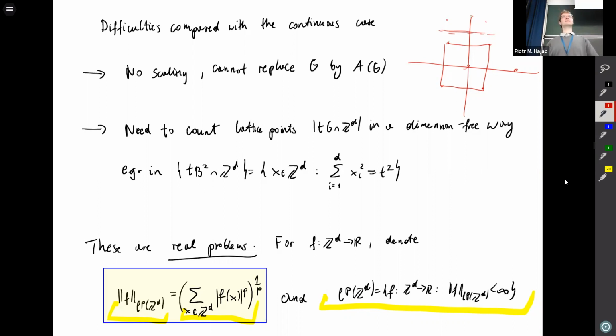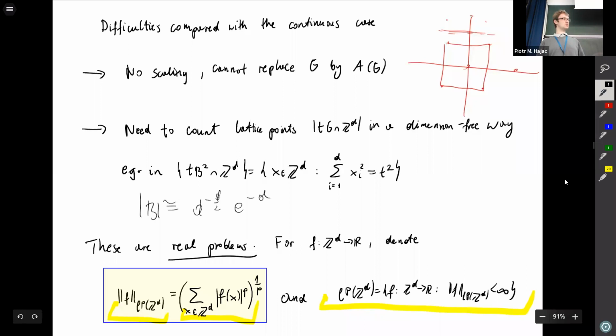There is another problem: now you don't really have the Lebesgue measure of the set. For example, it is well known what the Lebesgue measure of the Euclidean ball is. It is something of the sort d to the minus d over 2 times something of the sort e to the minus d. Maybe I'm not extremely precise, but it is well known. There is a formula expressing it with gamma functions. This size is perfectly known.